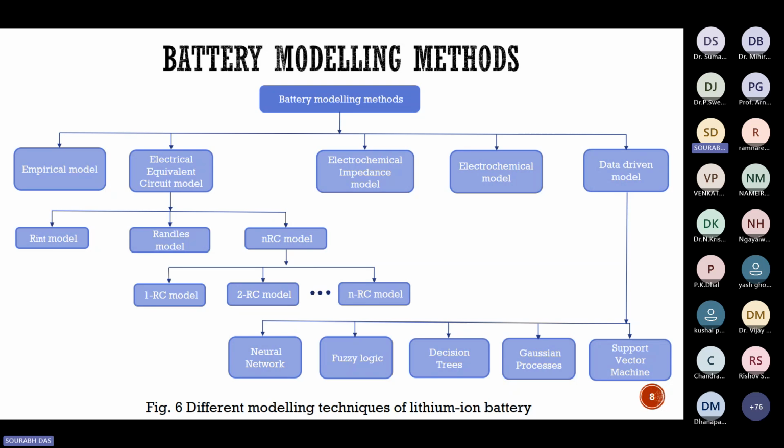With increasing order of the model, we get a more accurate model, but the complexity also increases. To balance the trade-off between complexity and accuracy, 1RC and 2RC models are mostly used in EV applications.